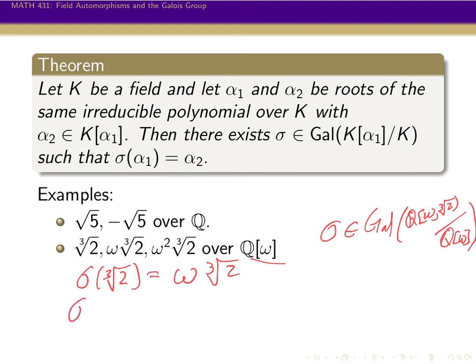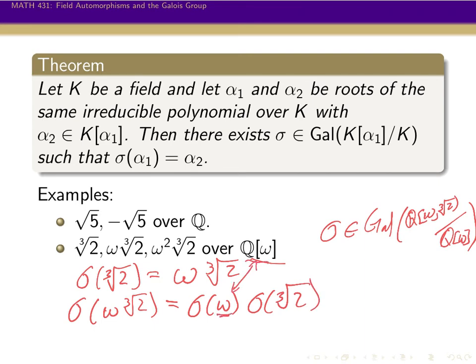So if we look at sigma and apply it to omega cube root of 2, well, we can think about it as sigma applied to omega times sigma applied to cube root of 2. Omega is in Q adjoin omega, and so it's fixed by sigma.